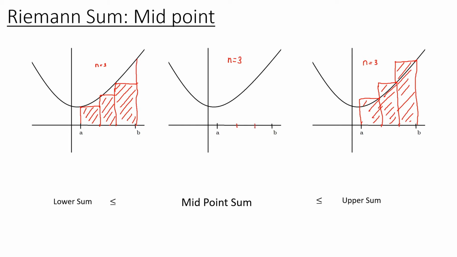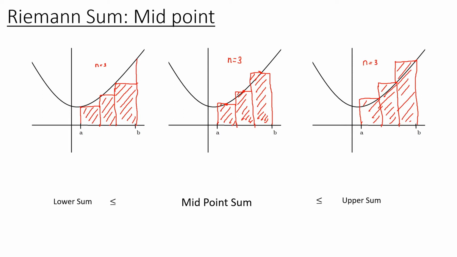Same condition, n equal to 3. Let's say here's an equal width. Now we're going to use a midpoint of these widths to create a rectangular shape. As you can see here, some pieces are over or outside of the range that we want to calculate, and some of them are under.